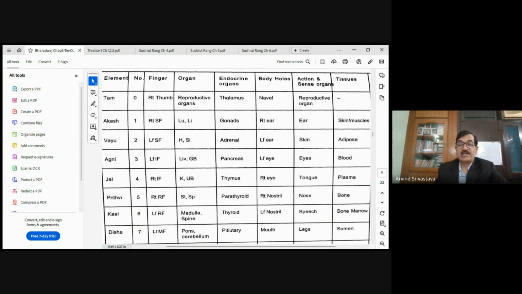So this thymus gland is very important. It is famous for its T cells and B cells, which act as antibodies.